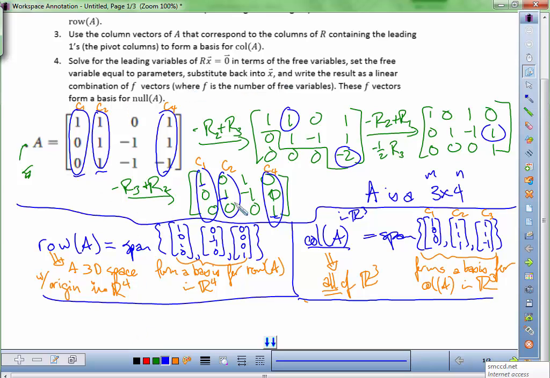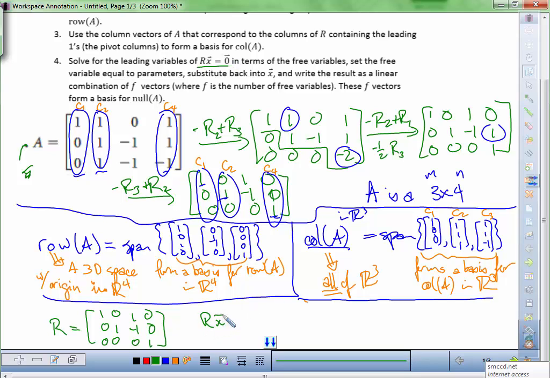So let's see. This is our R: 1, 0, 1, 0, 0, 1, minus 1, 0, 0, 0, 0, 1. That's our R. And if we write this equation, Rx equal to 0, we are really solving this system.